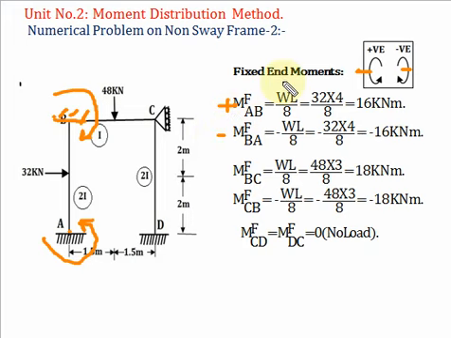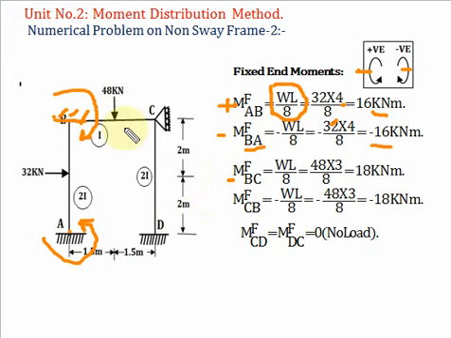The equation for a point load is WL by 8, acting at the mid span. So W is 32 into span 4 divided by 8 is equal to 16 kilonewton meter. MF BA is minus WL by 8, minus 32 into 4 divided by 8, is equal to minus 16 kilonewton meter.